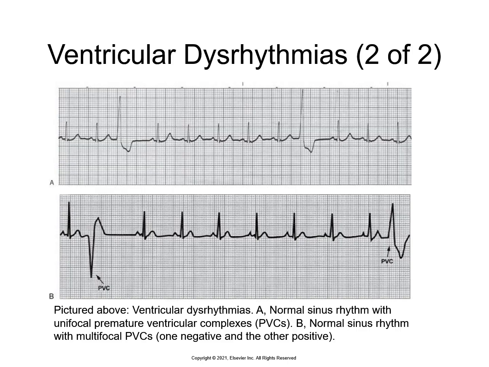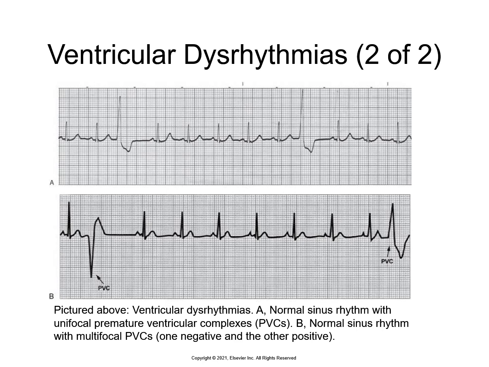What I want you to see here is a couple of the ventricular dysrhythmias. You see this PVC. It's very wide complex and it occurs early in the cycle. So usually there will actually be what's called a compensatory pause.